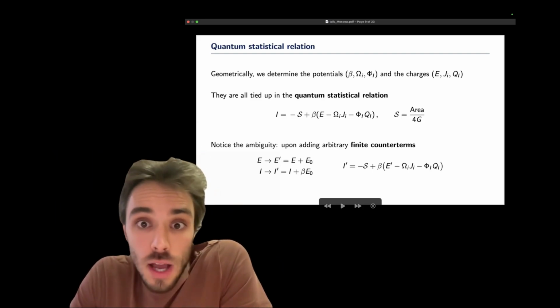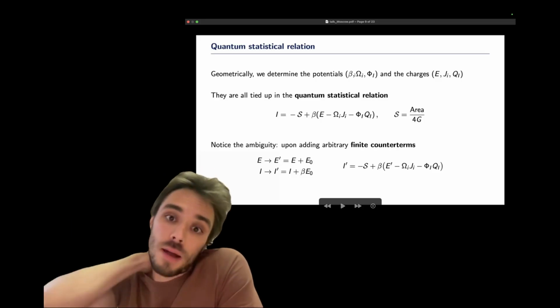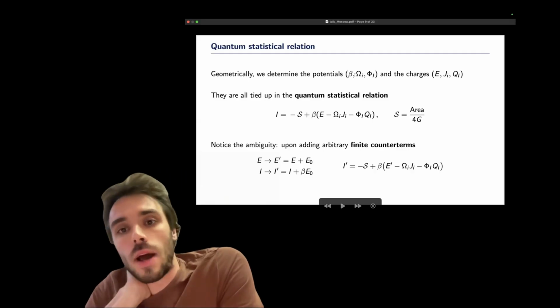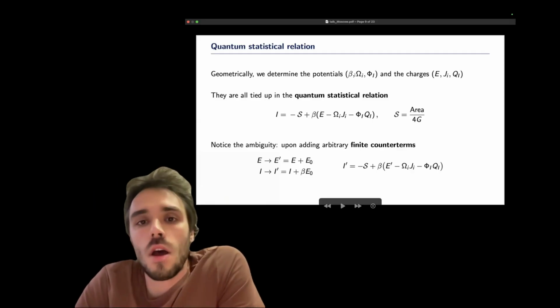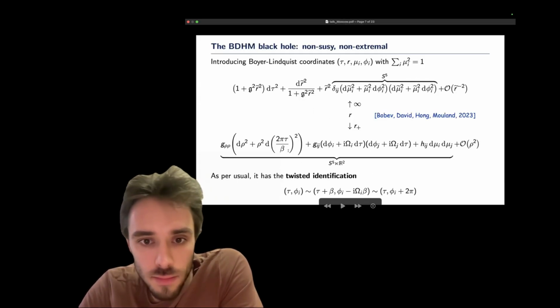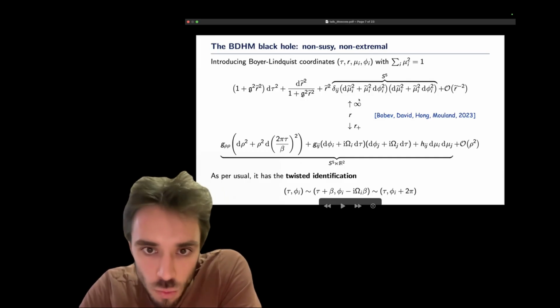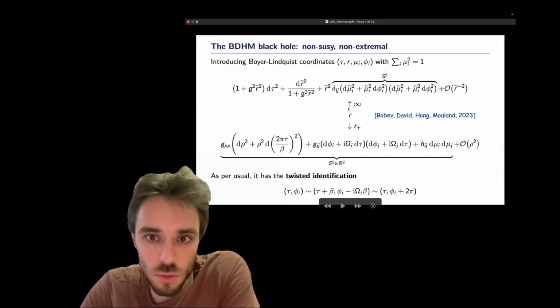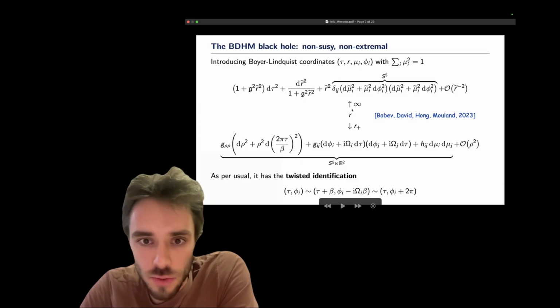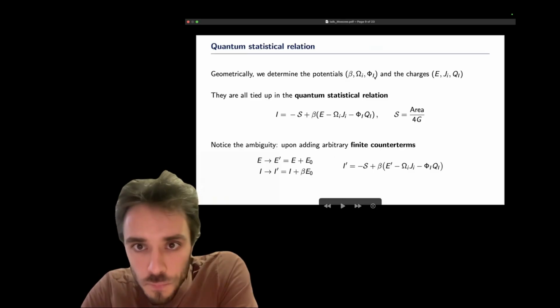These items are determined as some expressions in terms of whatever parameters you chose to write down your black hole with. I schematically wrote them like this here, but they're not arbitrary expressions. They depend on what's happening inside, and what's happening inside is very explicitly written down in the paper. So you determine those geometrically.